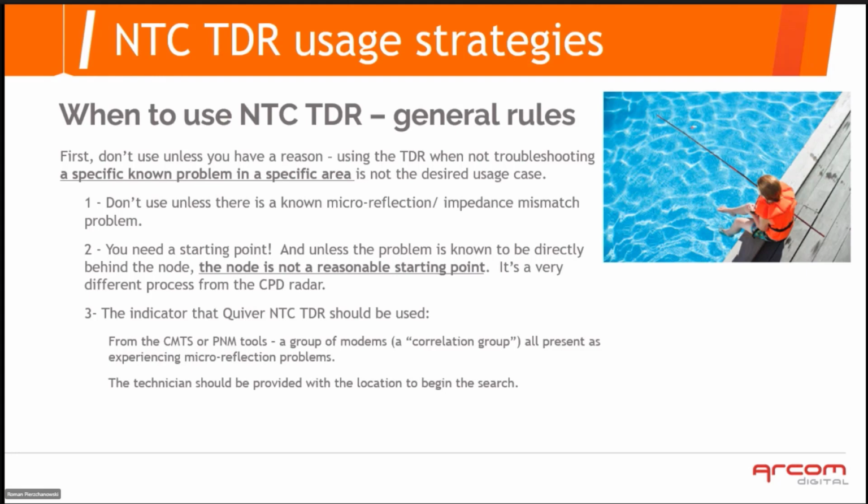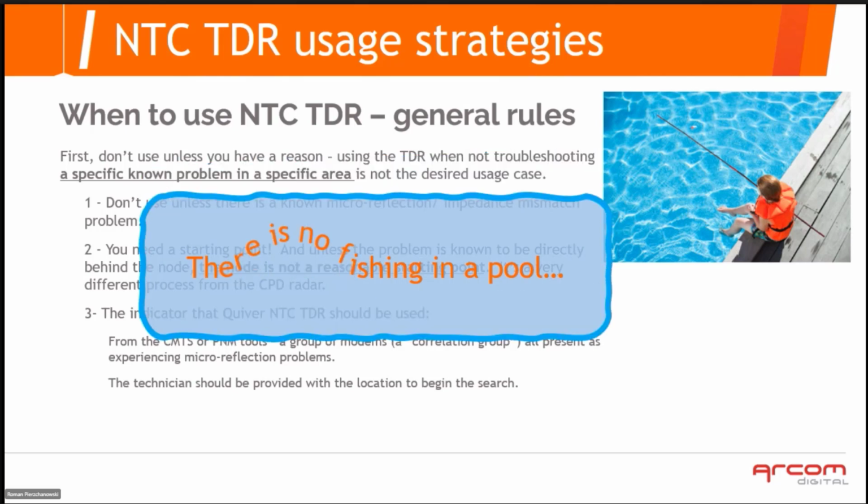If you don't have that information, do not try to find something, because there will be nothing really to see, and sometimes impedance matching is so good on some connections and devices that they will be really having better return loss than 40 dB and will be not showing up or showing up in the noise floor only. So go to a good place, because there is no fishing in a pool.